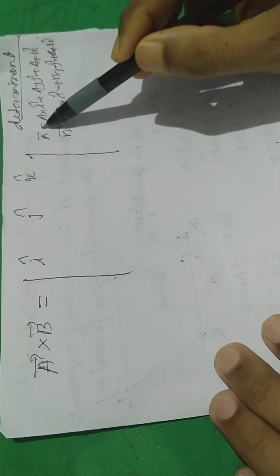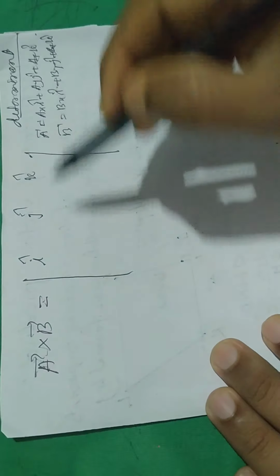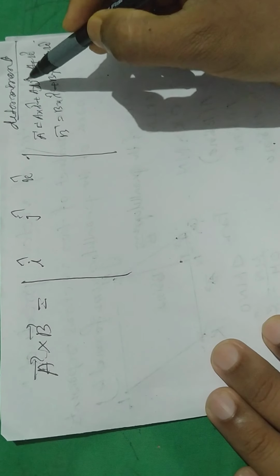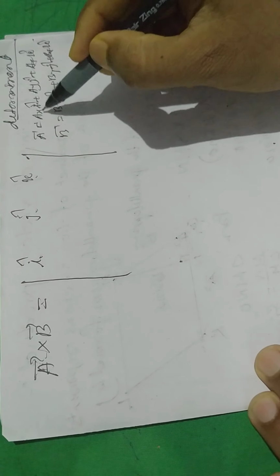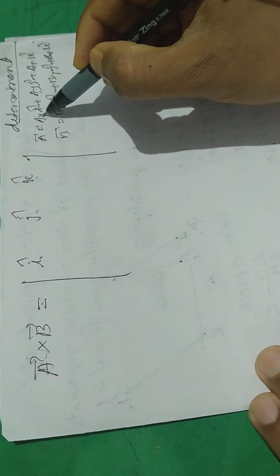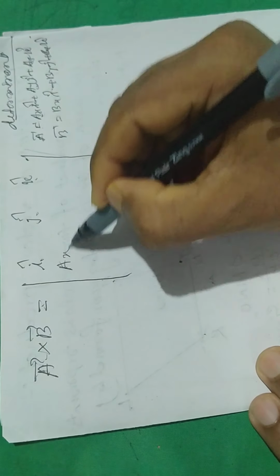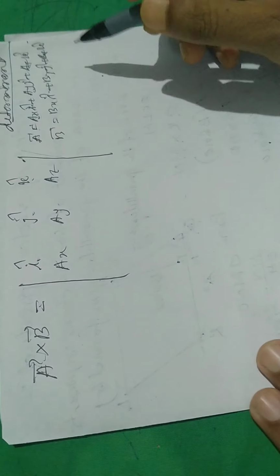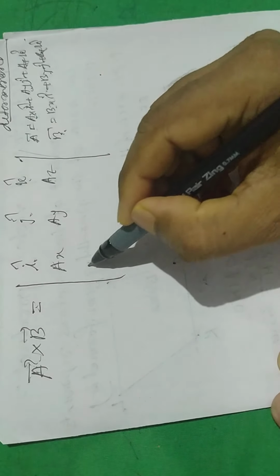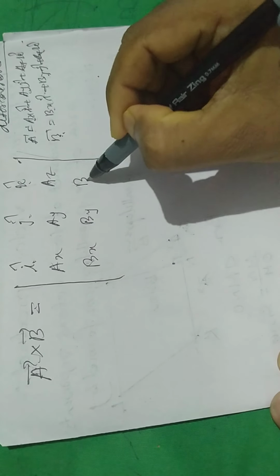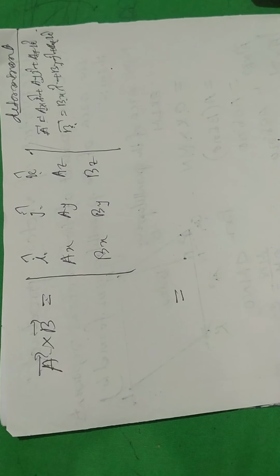So first we draw A cross B equal to the determinant. Then you write unit vectors I cap, J cap, K cap. After that you write the coefficients. First vector A, coefficients AX, AY, AZ. Then vector B, coefficients BX, BY, BZ. Now you see very carefully how to take the product.